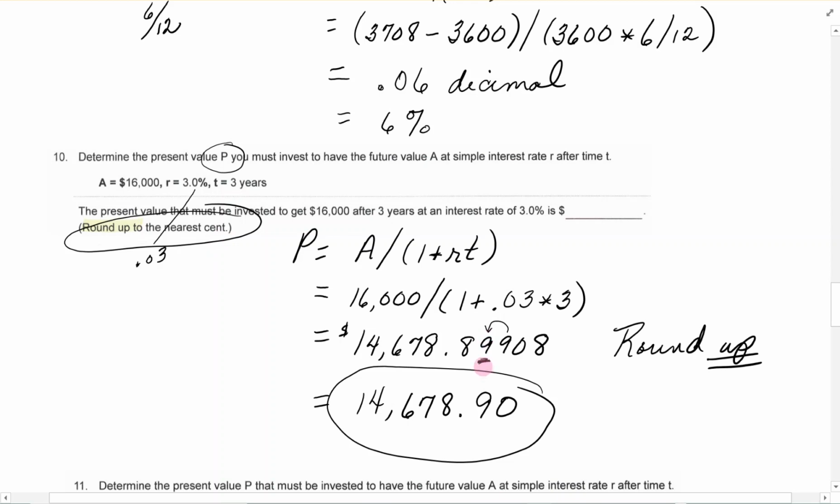When it says round up, it does not matter what the number back here is. This is a 9, so in traditional rounding it would cause it to round up to 90 cents. But if this were a 2, I would still round up to 90 cents. When the problem says round up, you must round up no matter what, because otherwise you will not achieve your goal.